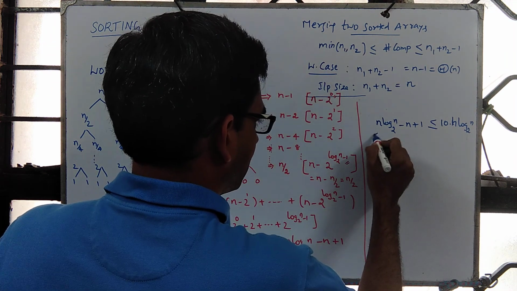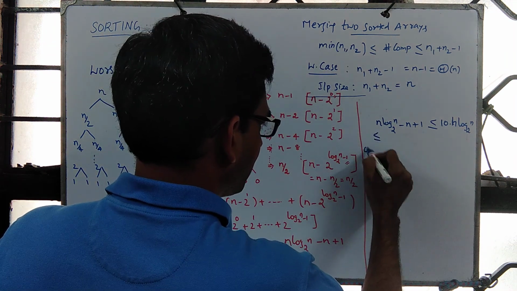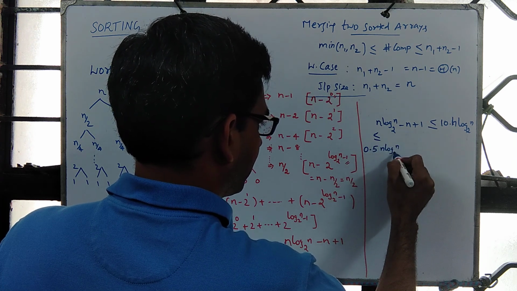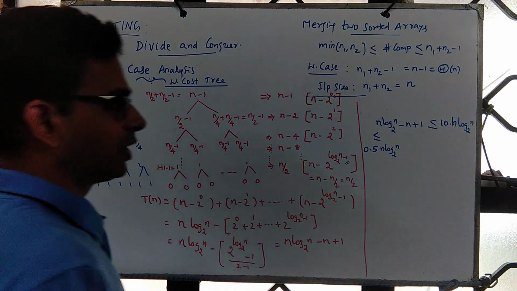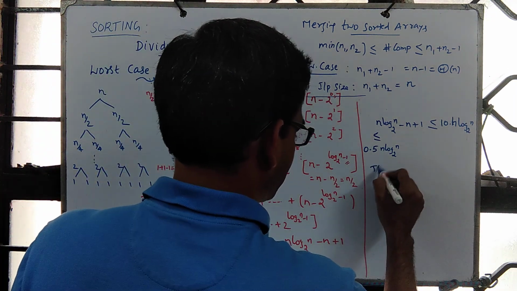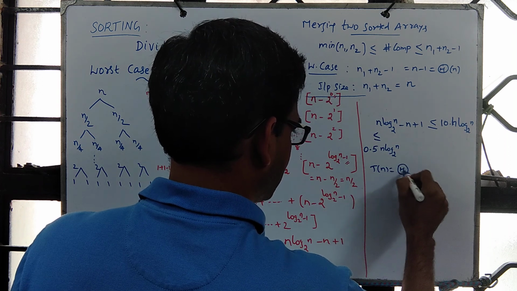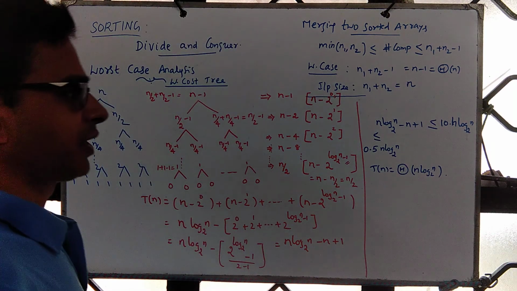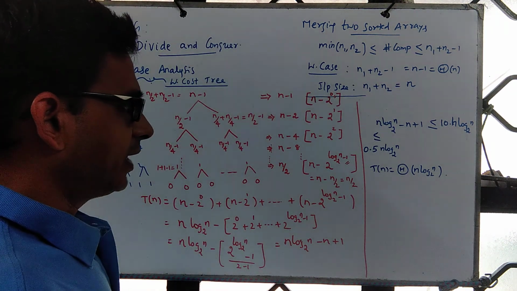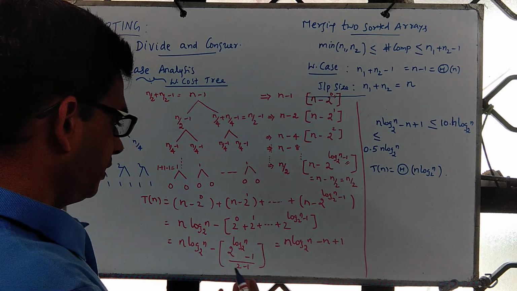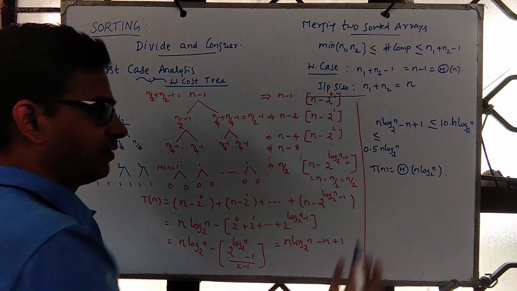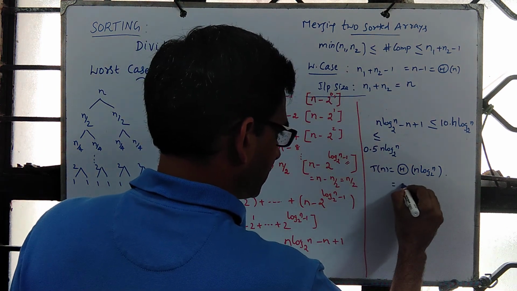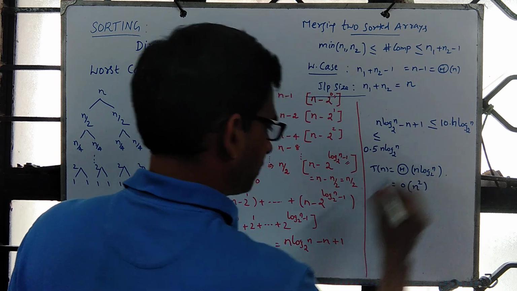And this is lower bounded by say 0.5 times n log n base 2, which means this expression is tight, which is n log n base 2. So we can see that in the worst case, we have achieved a time which is little o of n square. What is this? Little o of n square.